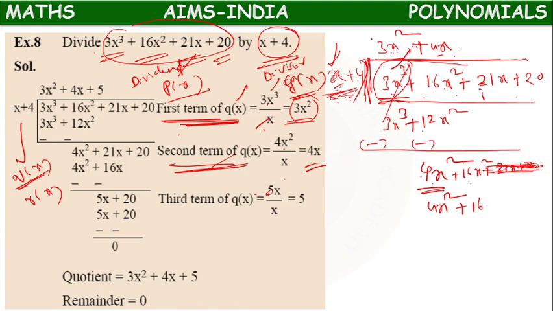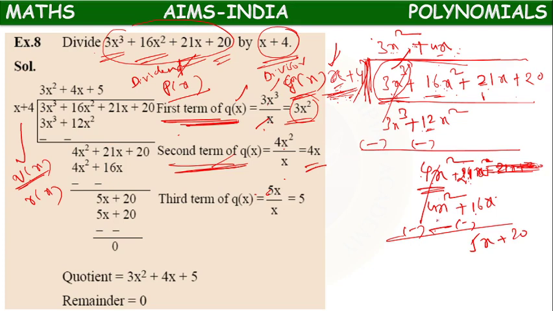This is already completed; 21x we have to take. Because 16x square is already completed here, the next term 21x we will take. So 4x into x is 4x square, 4x into 4 is 16x. Again the signs change, minus minus cancels, 21 minus 16 is 5x, next term 20.